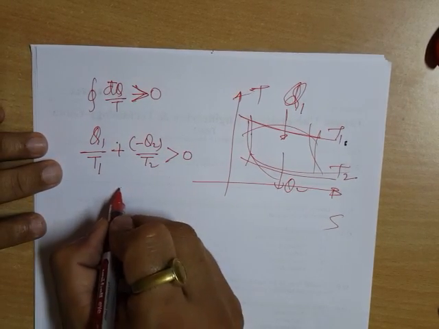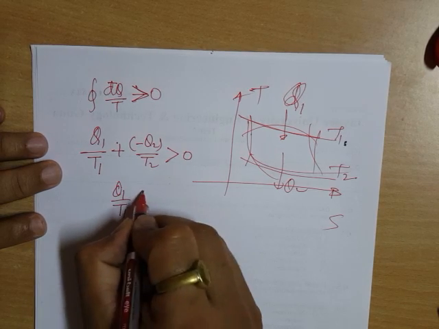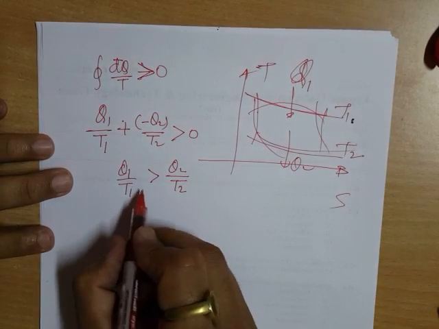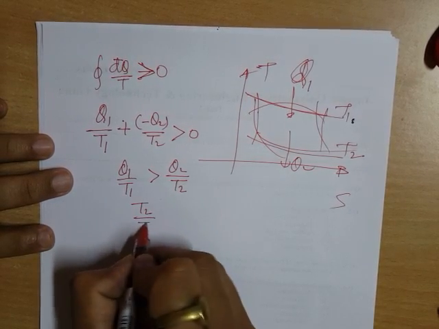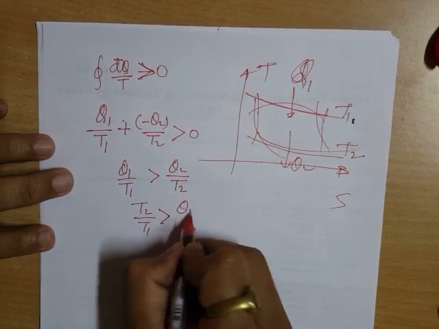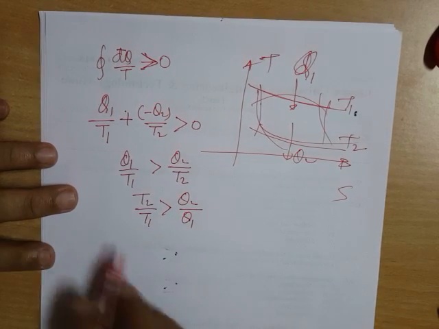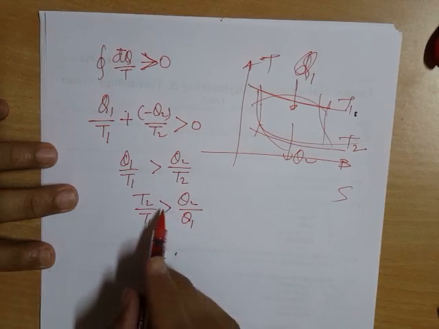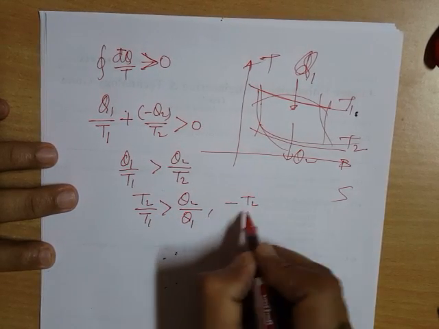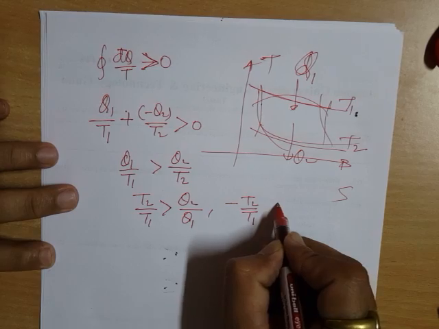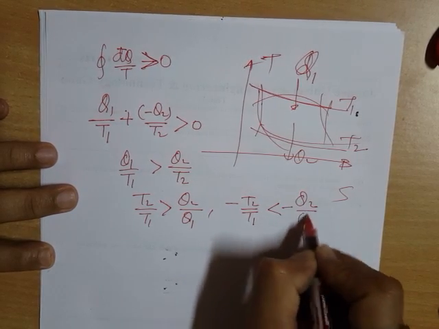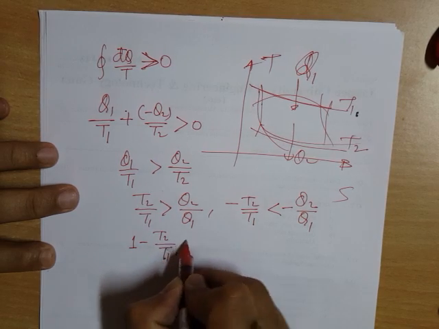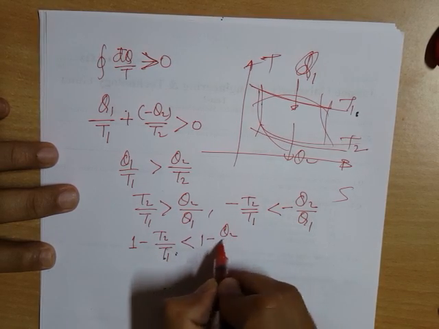That means Q1 by T1 will be more than Q2 by T2, or T2 by T1 will be more than Q2 by Q1. Multiplying by a negative, the sign will get reversed, so minus T2 by T1 will be less than minus Q2 by Q1. Add 1 to both sides: 1 minus T2 by T1 is less than 1 minus Q2 by Q1.